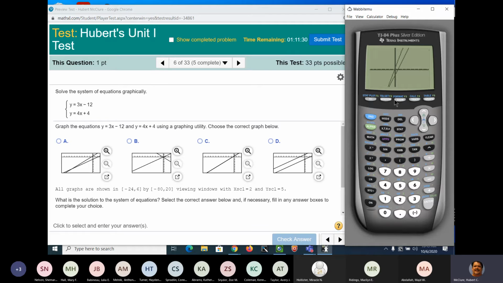And it looks like it's crossing down here, but I'm going to zoom out. Y'all use window, and that's fine. I don't use window. To me, that takes too much time. All right, we got it crossing somewhere right in here. So I'm going to zoom in and put the center of my graph right about there.